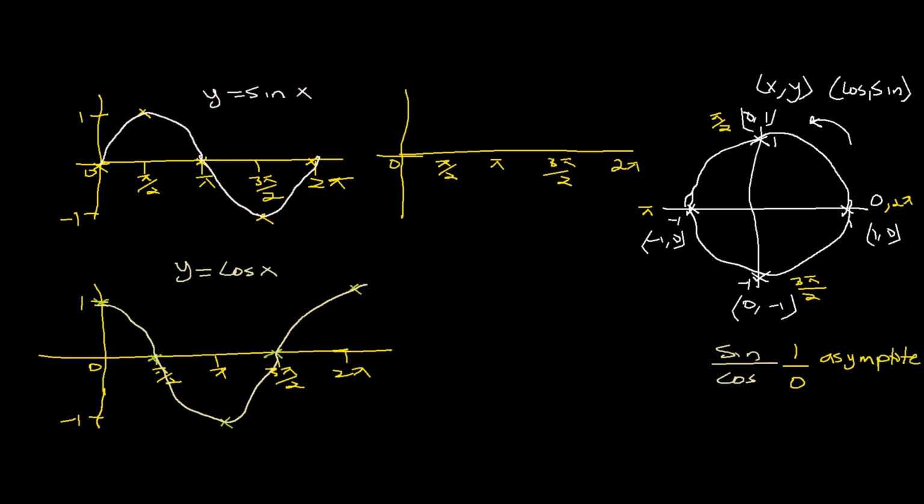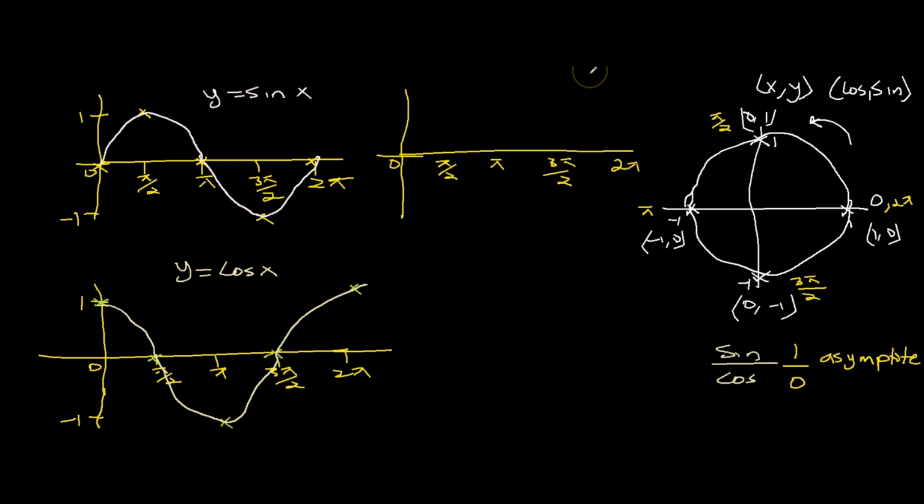And an asymptote is a line that the graph can never touch because at that point, the graph is actually undefined. So we're going to draw some dotted lines to indicate our asymptote. So what's the easiest way to figure out where our asymptote is going to be? Our asymptote is going to be anywhere that sine is a non-zero value and cosine is a 0 value.